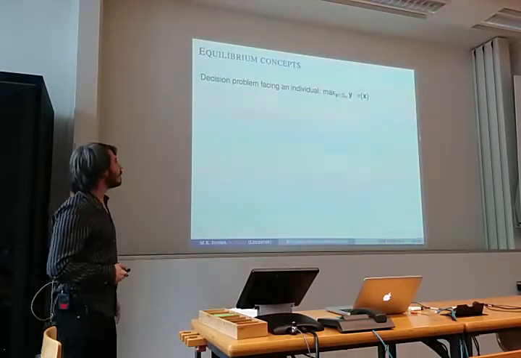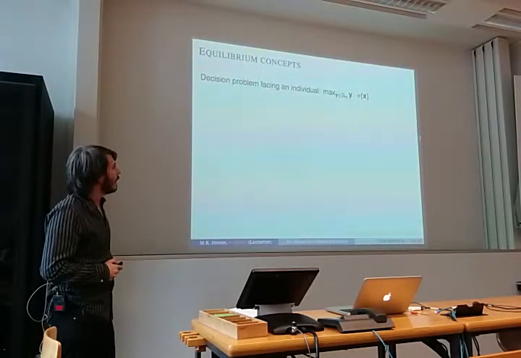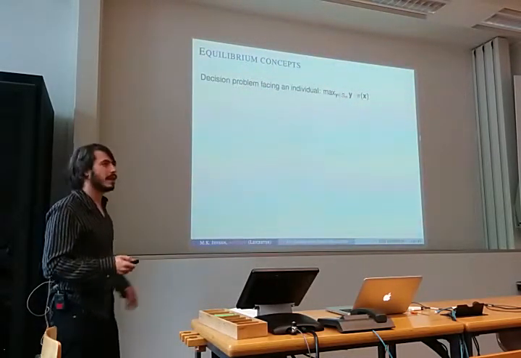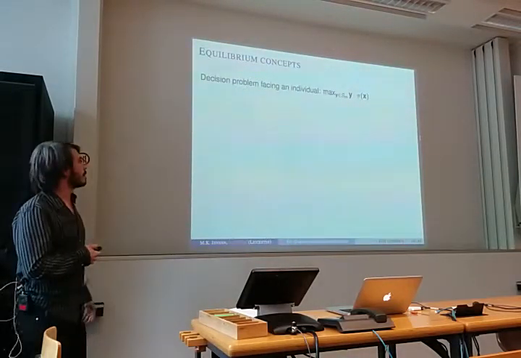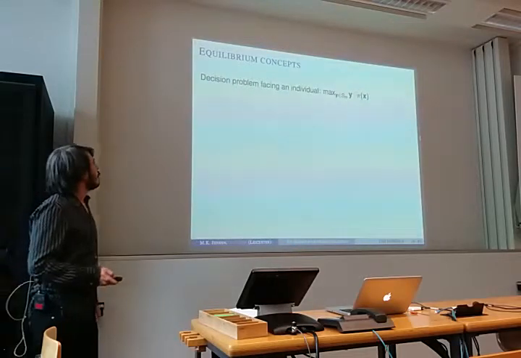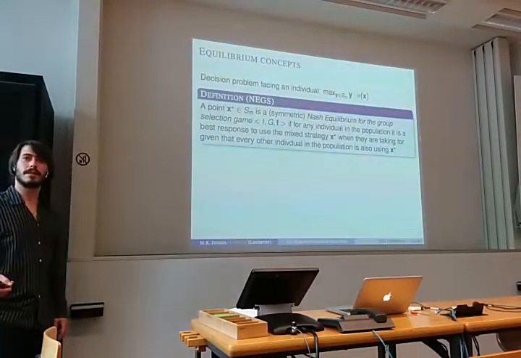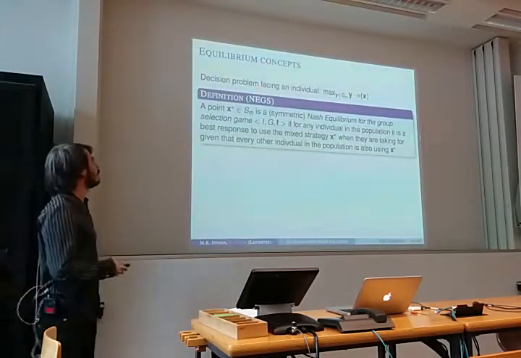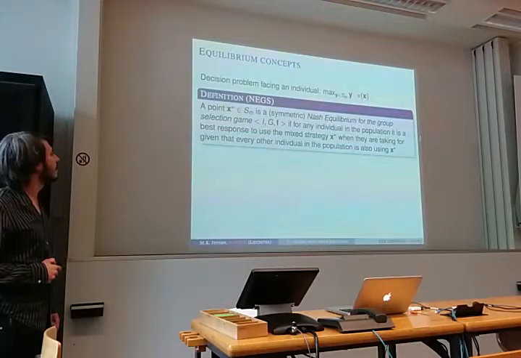So they will try to maximize their expected payoff. They will try to find a vector Y on how to mix among the strategies such that they maximize the payoff. Based on that, we can define a Nash equilibrium of that game under that matching rule, which we call a Nash equilibrium with group selection.